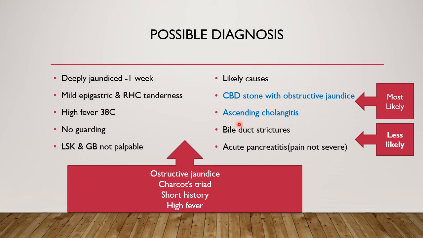Bile duct strictures may be a differential diagnosis. So is acute pancreatitis, which can also cause obstructive jaundice. But the pain in this patient is not severe enough to support a diagnosis of acute pancreatitis.